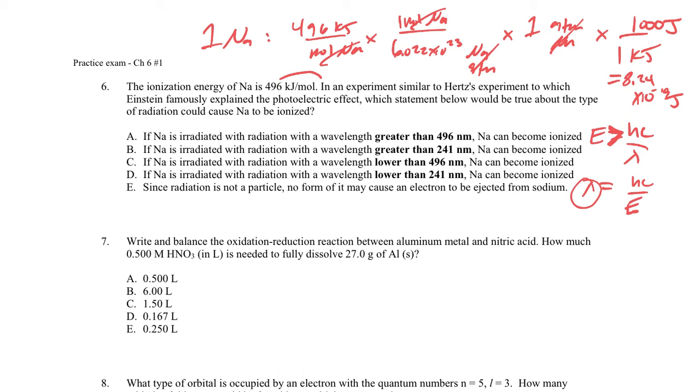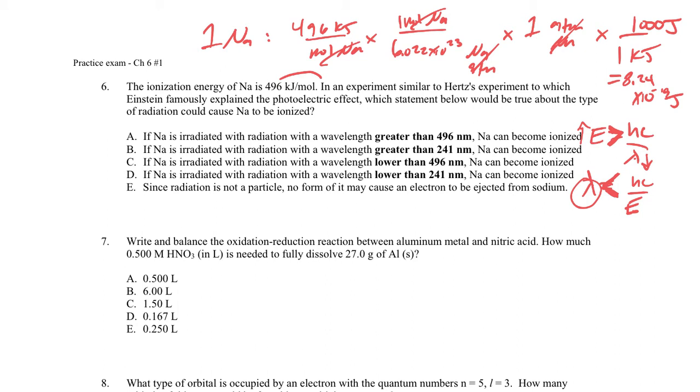And then when we cross multiply, we need our wavelength to be less than, to go to a lower energy. So again, lower wavelength, greater energy. When we cross multiply, we have to flip the sign, or just think logically about what wavelengths cause an electron to be ejected. It's going to be lower wavelengths than the one we calculate here. So photons with energies of 8.24 times 10 to the minus 19 joules or greater could cause an electron to be ejected.